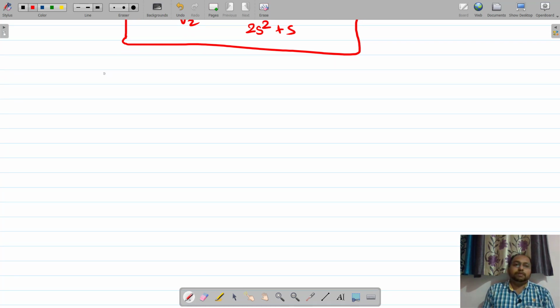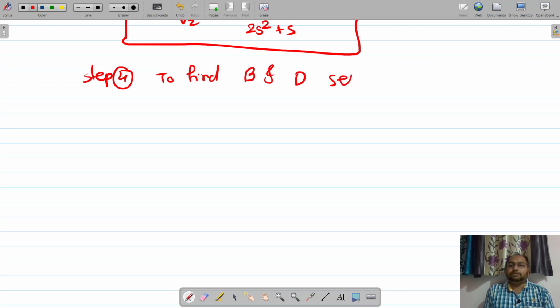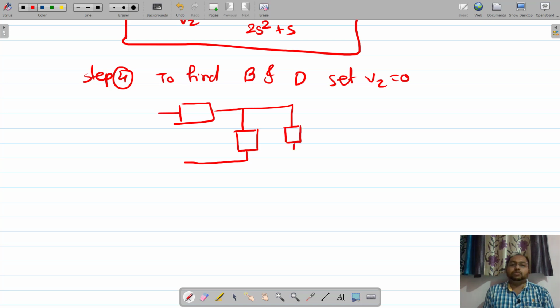Step number 4, to find B and D, set V2 equal to 0. Therefore, after making V2 equal to 0, we will have this kind of circuit.